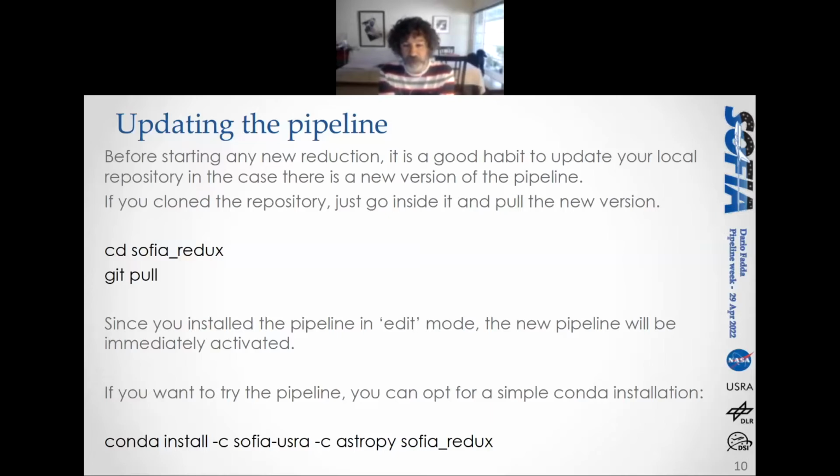The other way to do this installation is using conda install directly. Of course, conda install grabs the latest pipeline that has been uploaded to Anaconda, which I think Melanie tries to update very often, but it will not be done immediately after the calibration is uploaded.